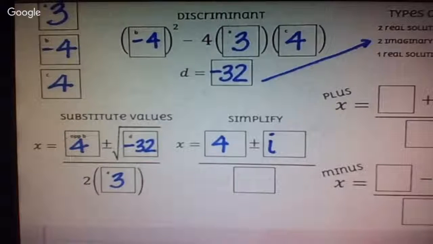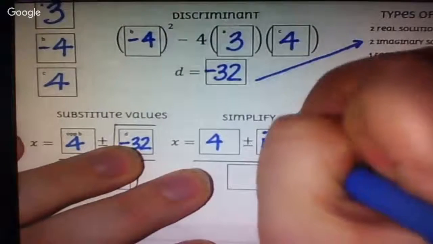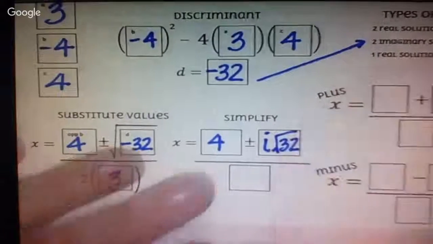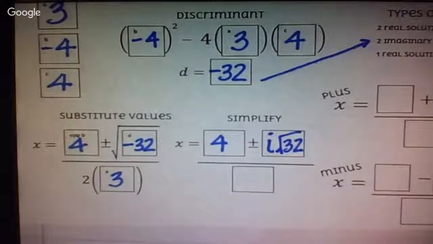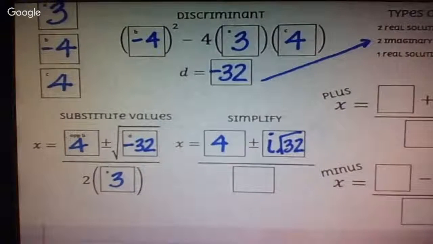So we pull out that negative and make it I, and you keep the square root of 32.